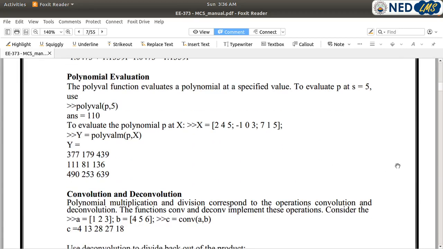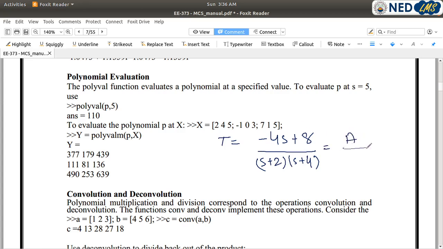If we have a transfer function, I'm writing here, T is equal to minus 4s plus 8 over s plus 2 and s plus 4, then I can make a partial fraction of this transfer function as A over s plus 2 plus B over s plus 4.